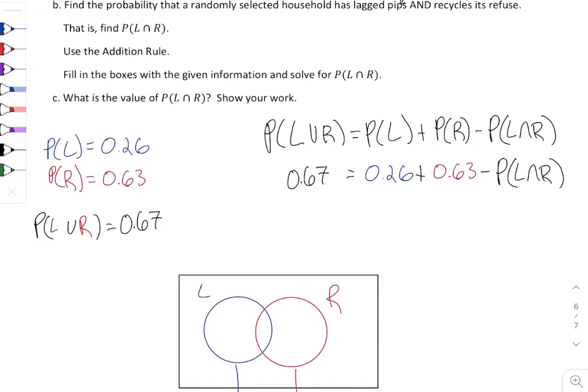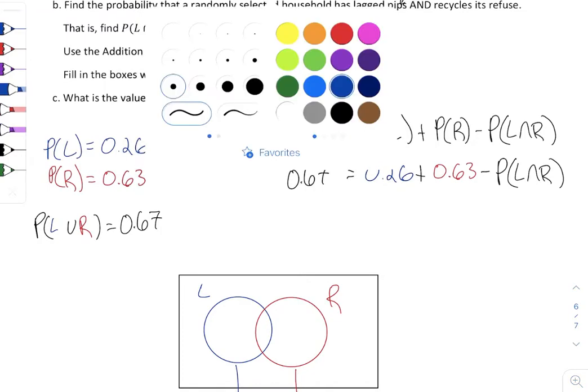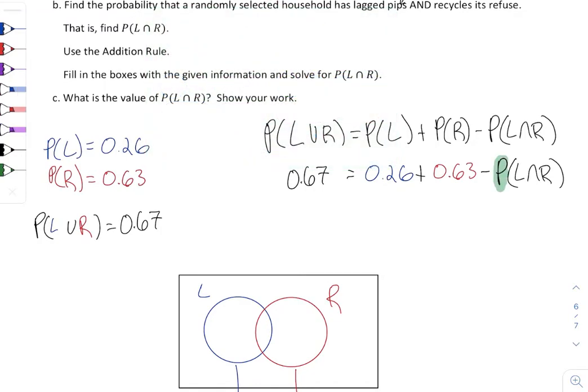So I'm going to have to solve, and I guess we'll use green here. Oh, no, I lied. That's purple. This guy right here. All right, so what I would do, you can do this a couple different ways. Me, personally, I would most likely just add these two together. So let's go ahead and do that.